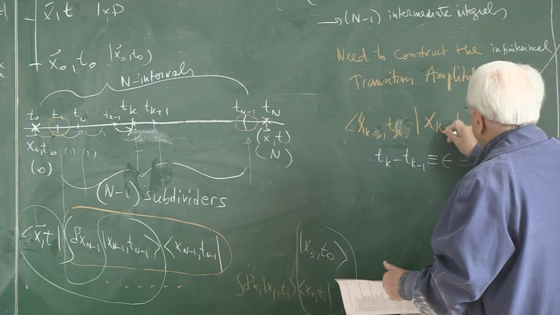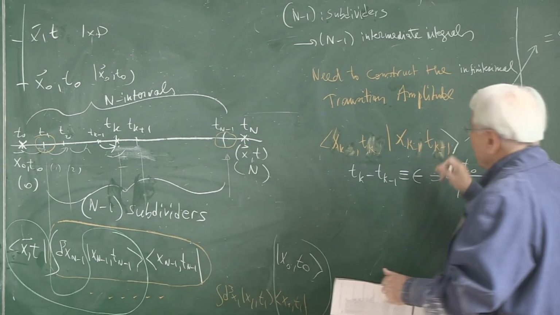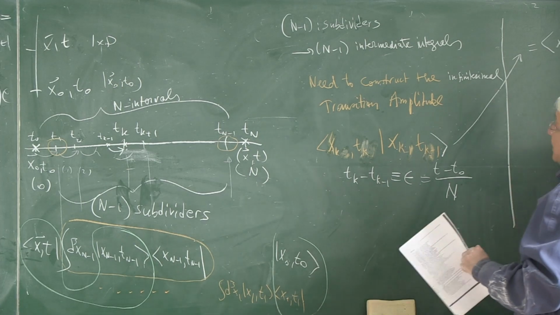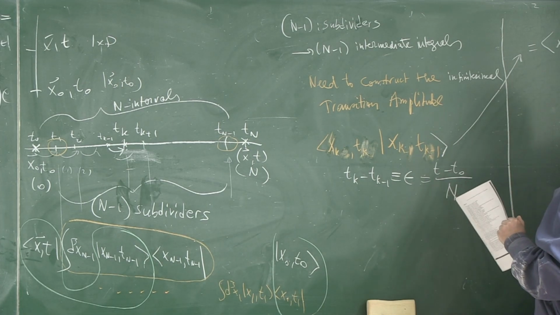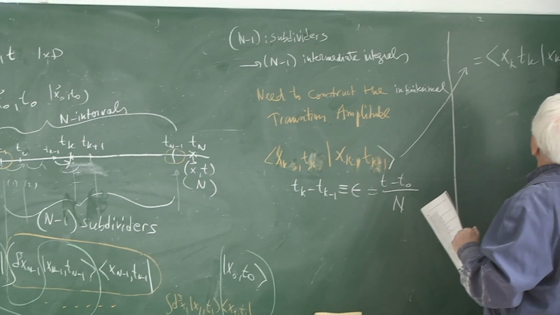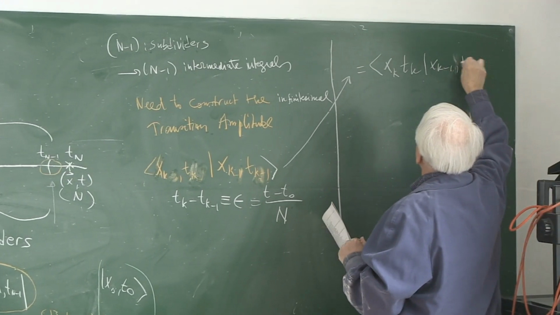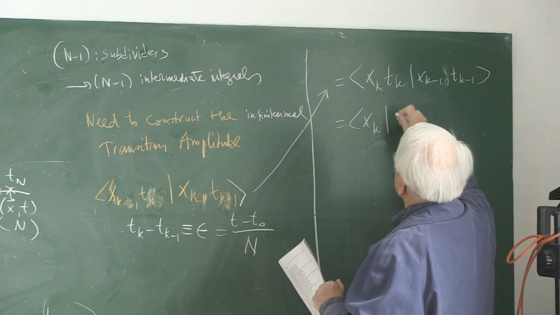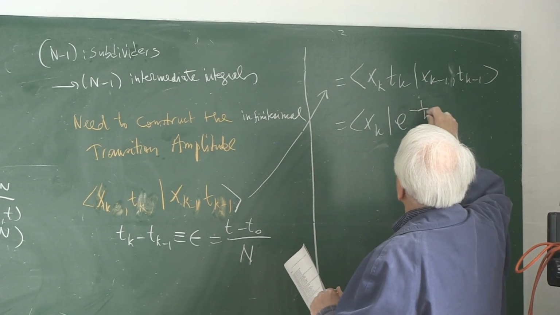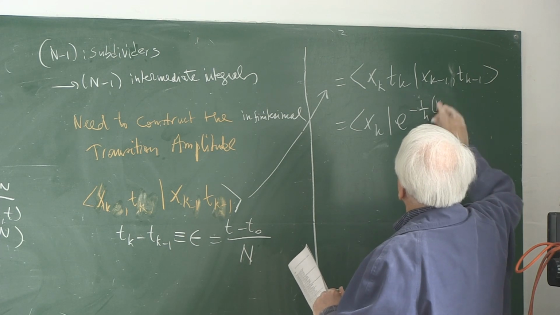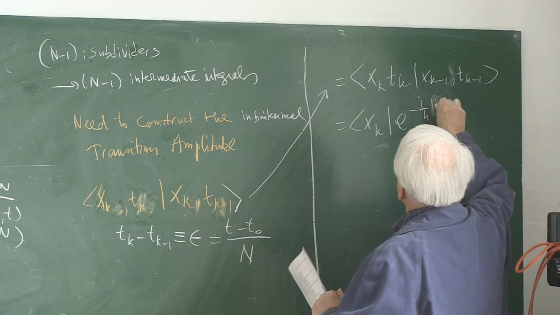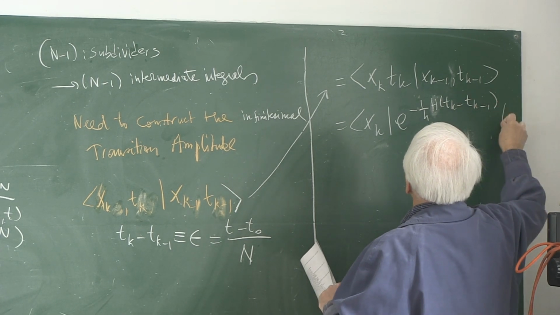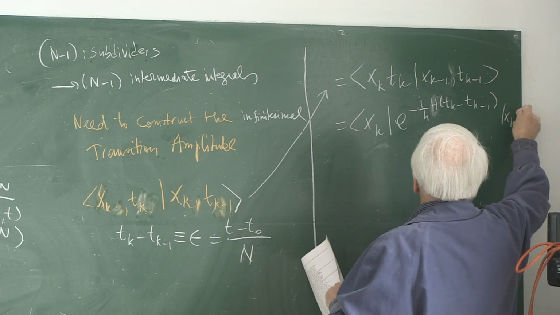So this is <x_k| e^{-(i/ħ) H (t_k - t_{k-1})} |x_{k-1}>.